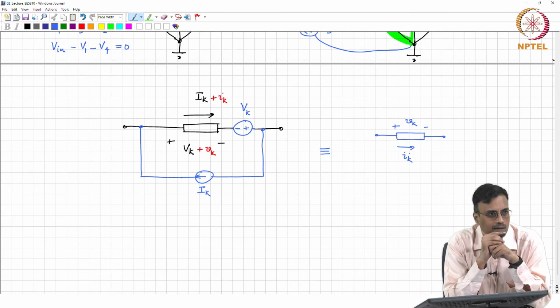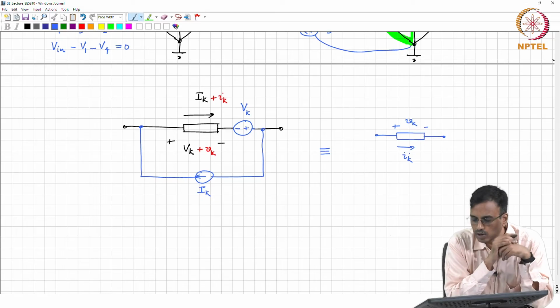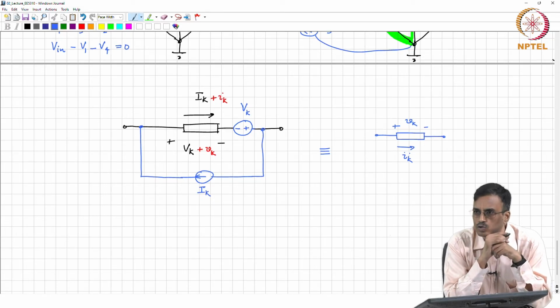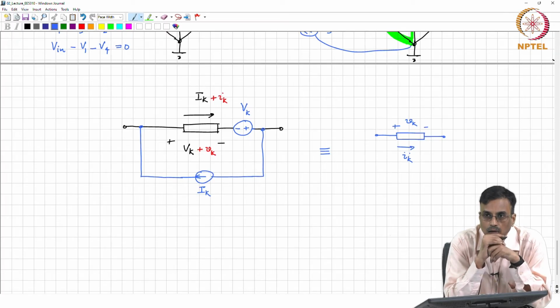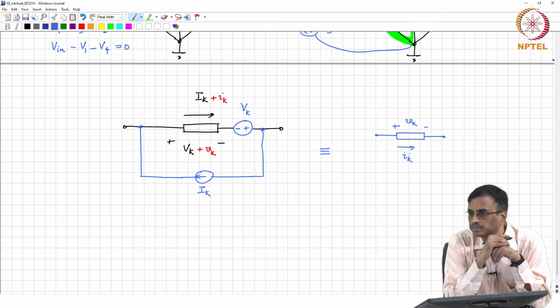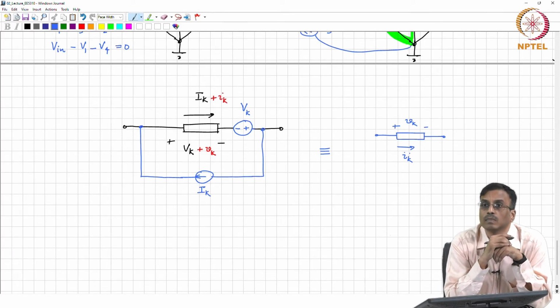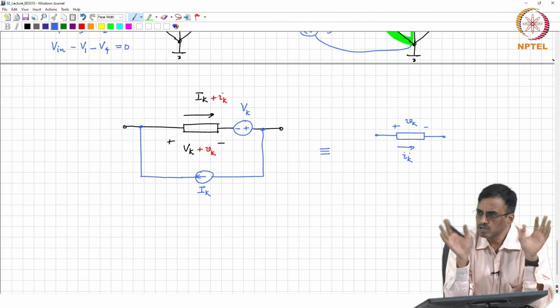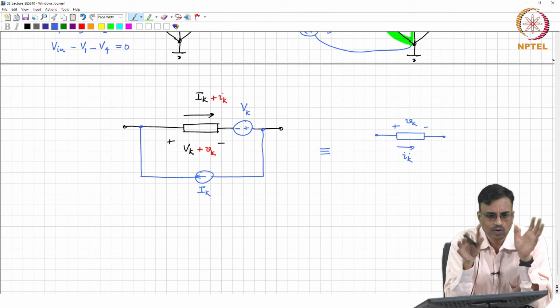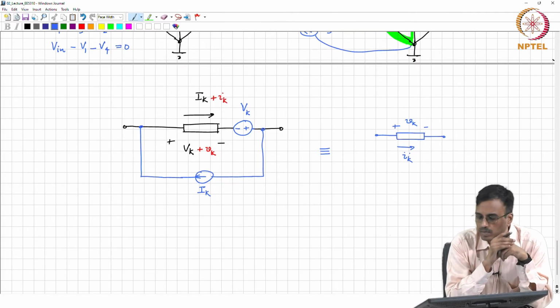All right. Now, does this depend on small signal operation or is this true for arbitrary changes in excitation? Arbitrary, why? We have not made any approximation whatsoever. We have just used KCL and KVL and then just made some connections.